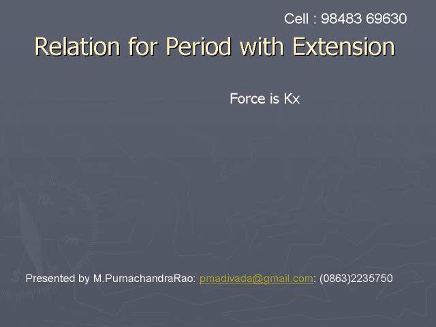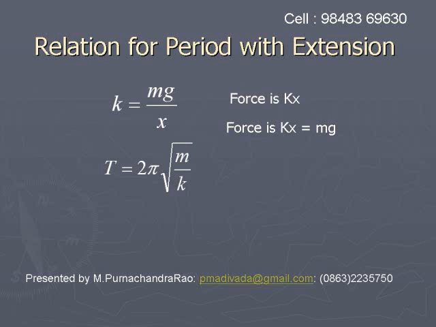If the spring is elongated by a length x, then the force is equal to minus kx. Hence, the magnitude of the force is kx. This will be equal to the weight mg of the bob. Hence, k is equal to mg by x, so we can replace k with this value.